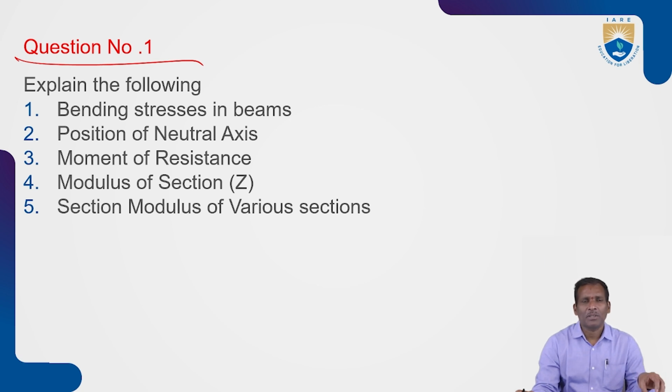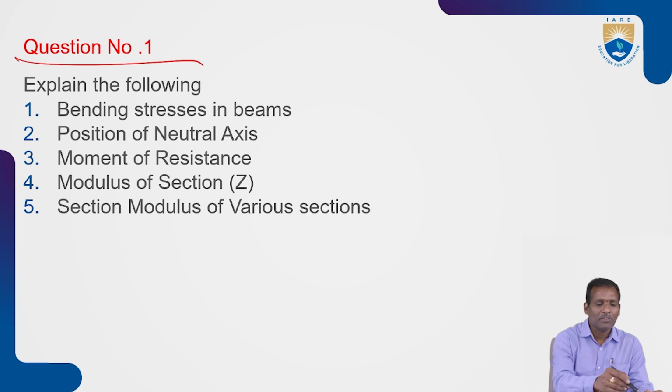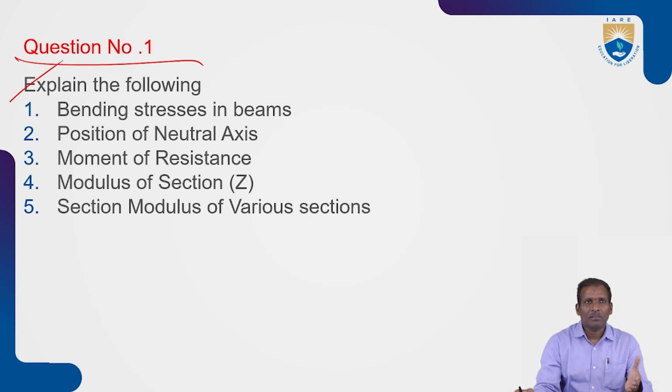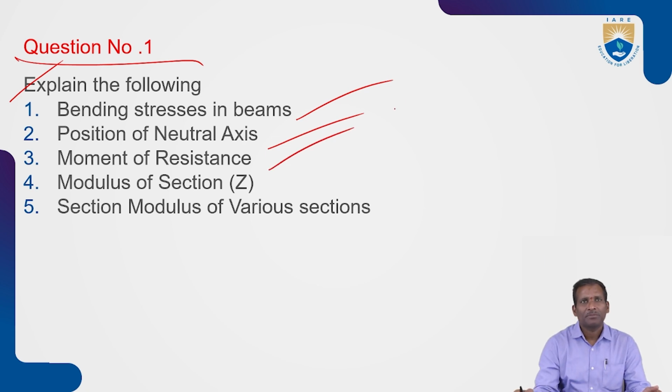They will sometimes ask: explain the following. What have they asked in this question? Explain the following: bending stresses in beams. What are the bending stresses in beams? Explain briefly. What is the position of the neutral axis? And the moment of resistance, what is this moment of resistance?